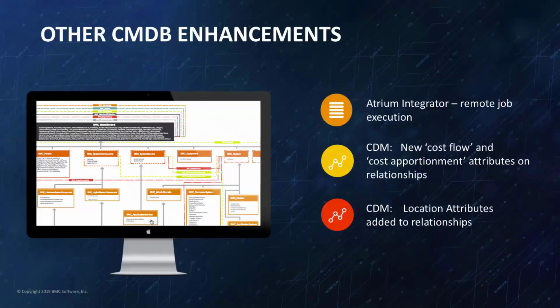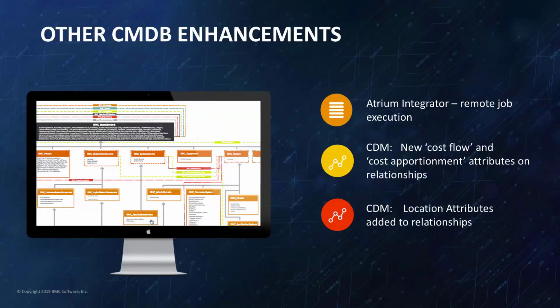Other CMDB enhancements that we did in 19.02 are an expansion of Atrium Integrator capability, and an expansion of the common data model here, right? So there are new attributes around cost flow or cost apportionment for relationships, and then location attributes again added to the relationship type.